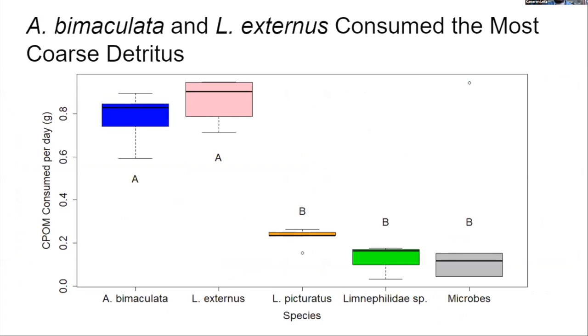This is a graph showing, again, the coarse detritus consumed, but I want to focus on the fact that Vermaculata and externus consumed a really high amount of coarse detritus compared to the other species. The box plot on the far right is our control treatment. The control treatment had no caddisflies, but we know that a little bit of detrital breakdown occurs, and it's accounted for by microbes.